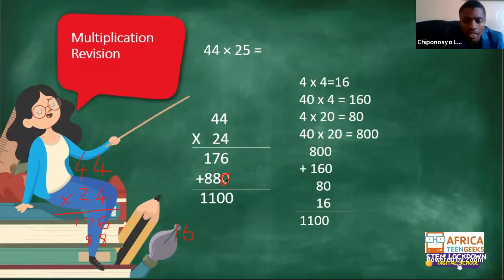Because you did not put the 0 as a placeholder, it's like multiplying 2, and yet what you're multiplying with is 20. Not 2, it's 20. That's why we put the 0 as the placeholder to say that we are multiplying something that has a 10.